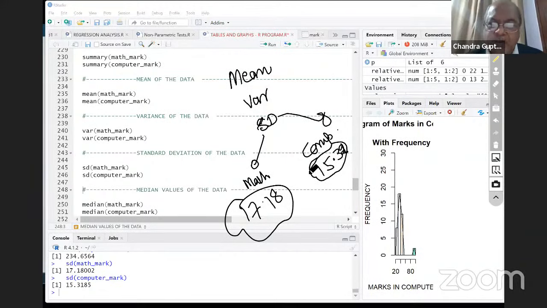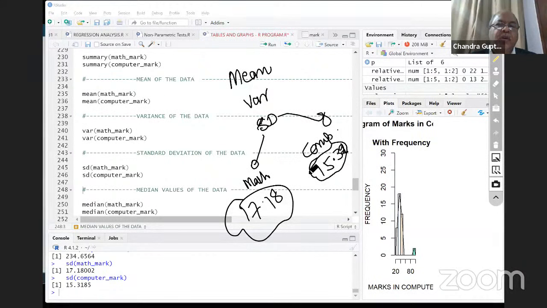I repeat my question. You are a teacher, right? You have set a question paper. Two question papers, let me say. In one question paper, the variation of the marks is very high. In another question paper, the marks variation is very less.